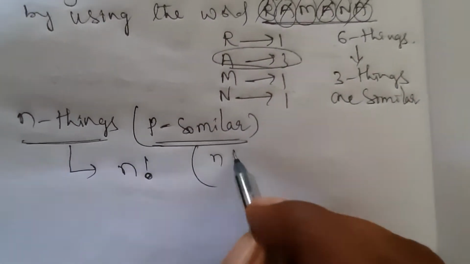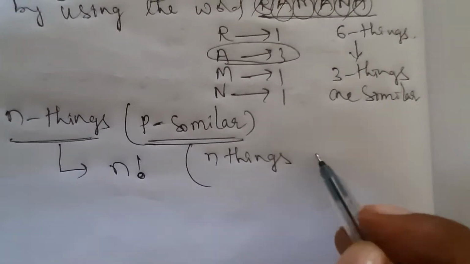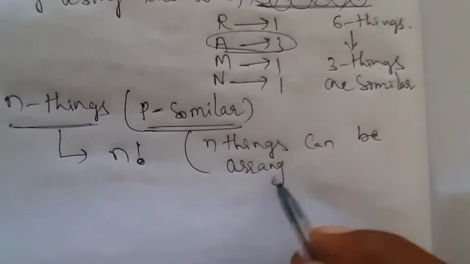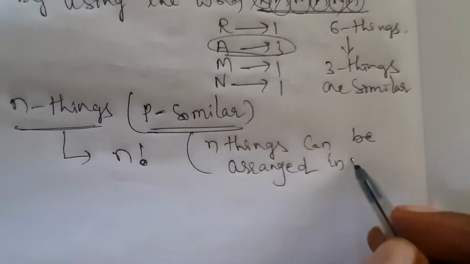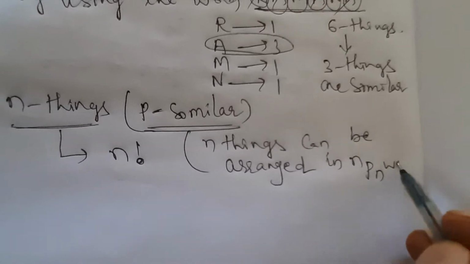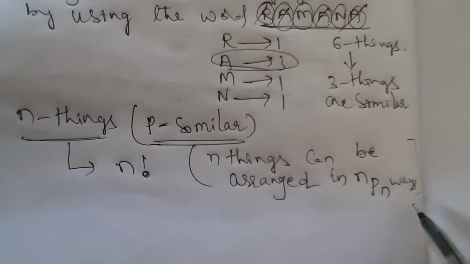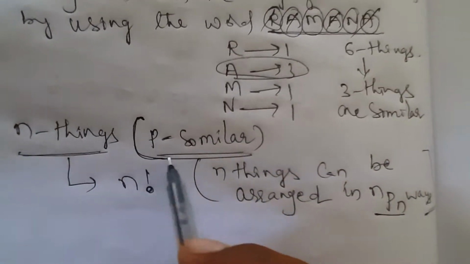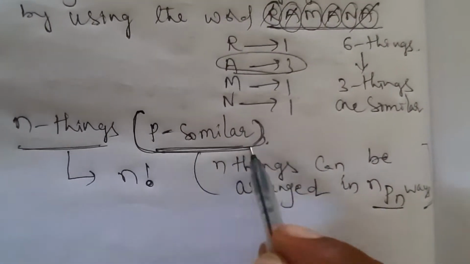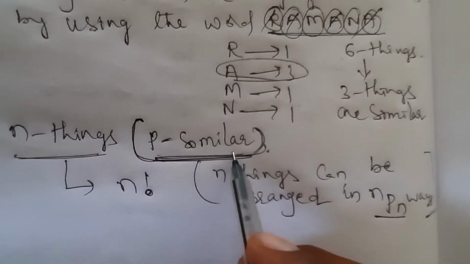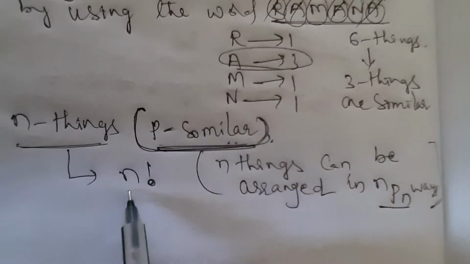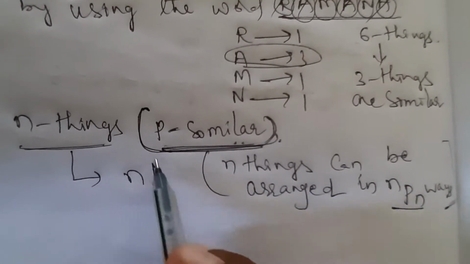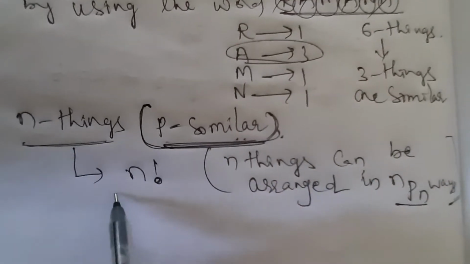Here n things can be arranged in nPn ways, already we know this one. Then nPn means nothing but n factorial. But here, out of these, p things are similar. When you are arranging these p similar things, you will get one permutation only. But you counted them differently, according to the multiplication principle. So here we have to divide.